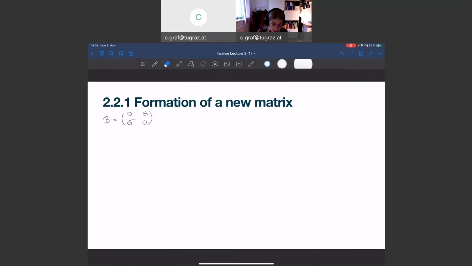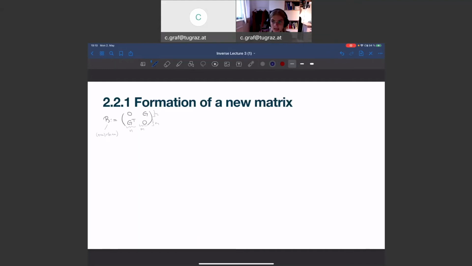We should discuss the dimension of B shortly. B itself is n plus m by n plus m. Then we have given the dimension of T, and therefore we have n here, m here, and correspondingly size n here and m here.